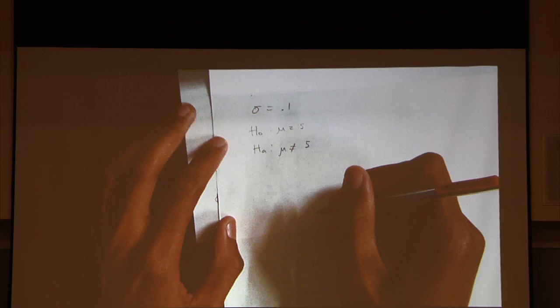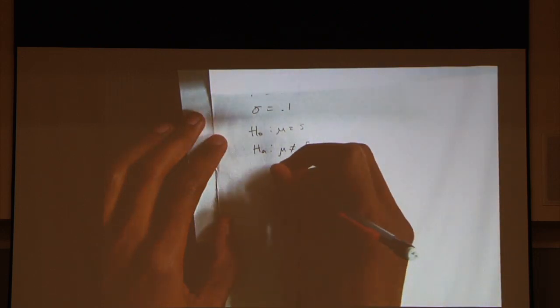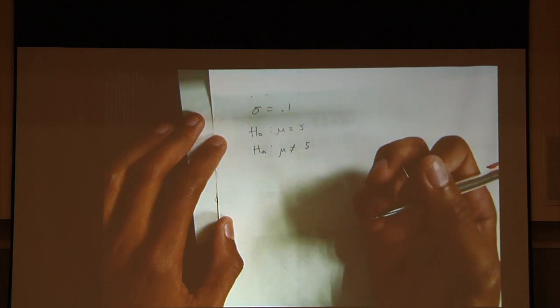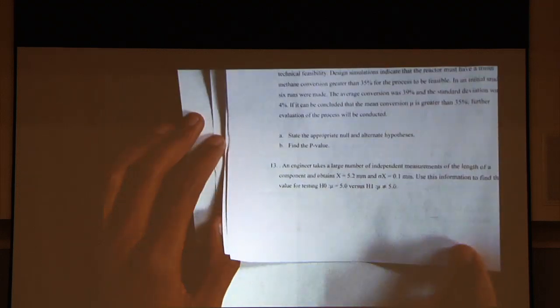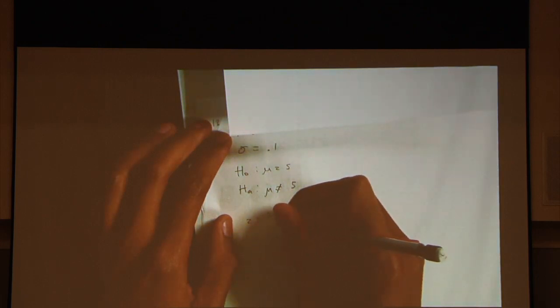So two-tailed, like we said. For this one, it says a large number, so we can't use t. So we'll say z is 5.2 minus 5 divided by 0.1.